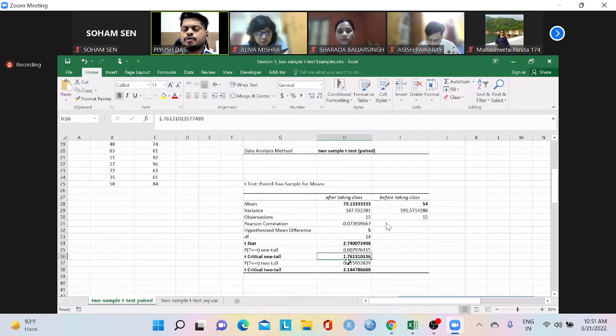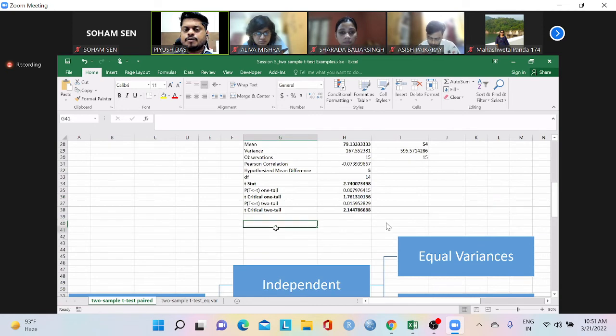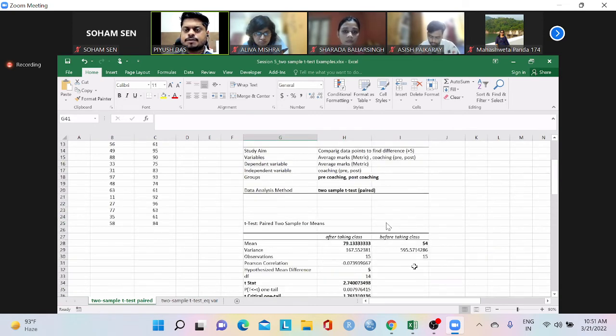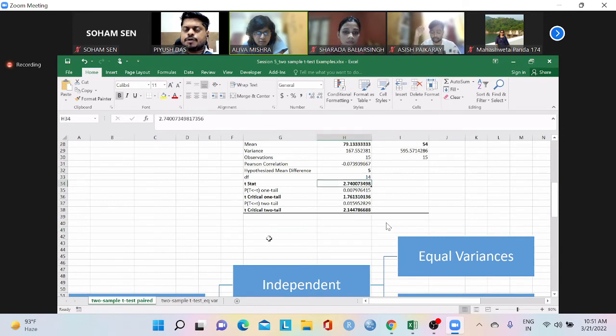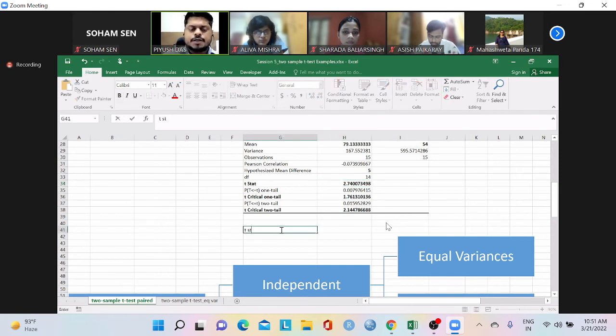Now when I compare, what will happen? My T statistic is more than the critical value. If I put that number line, my critical value is 1.76, and my T statistic is greater than T critical one tail, on the right side. So then what will happen?